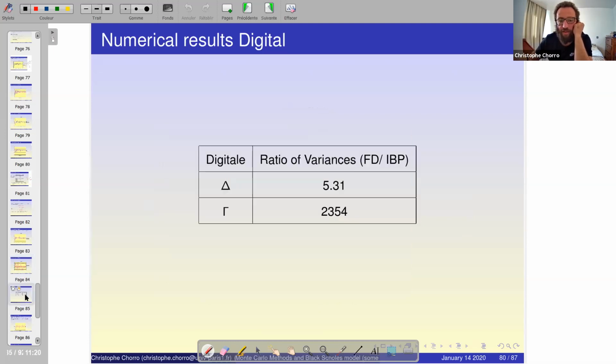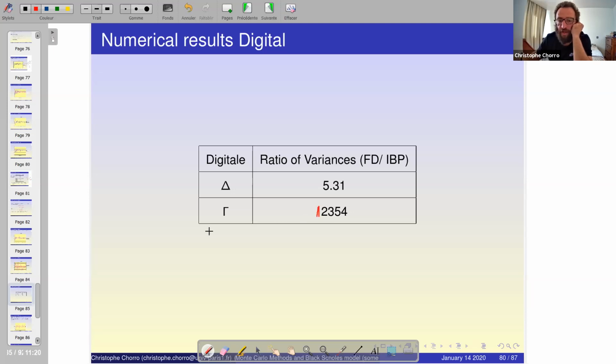Something that I can quantify by writing the ratio of the variances. In the case of the delta, the integration by parts methodology has a variance that is 5 times smaller than the one obtained by the finite difference scheme.